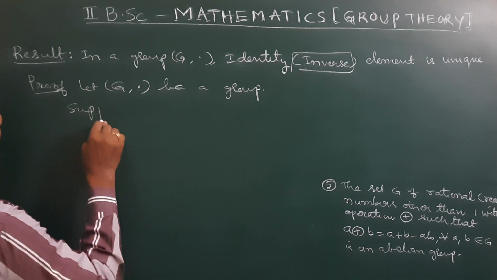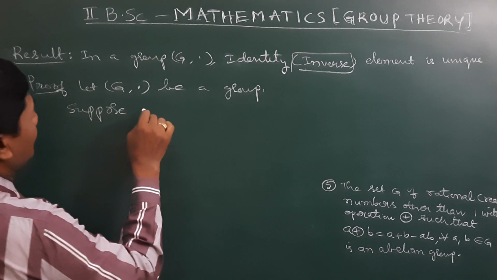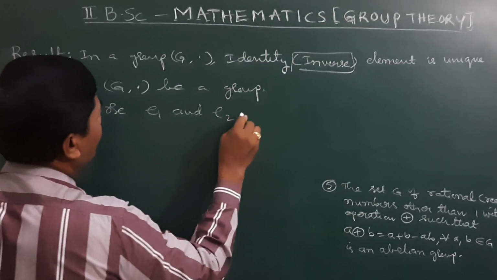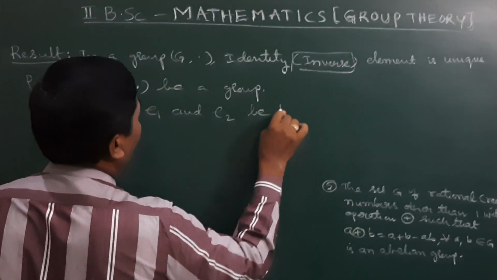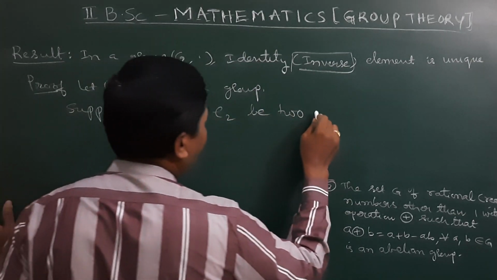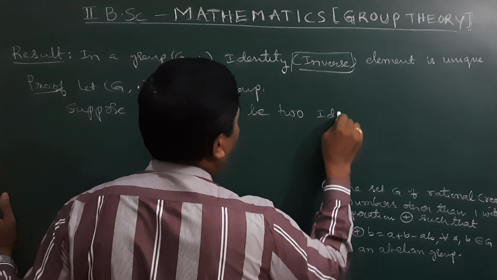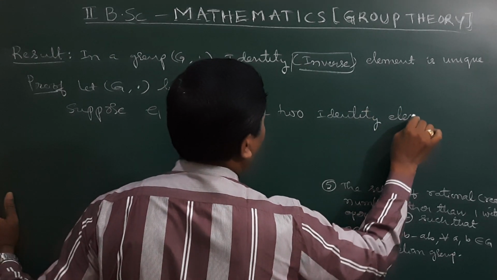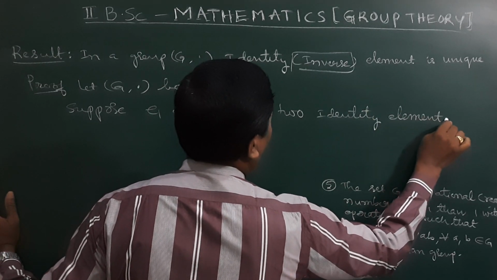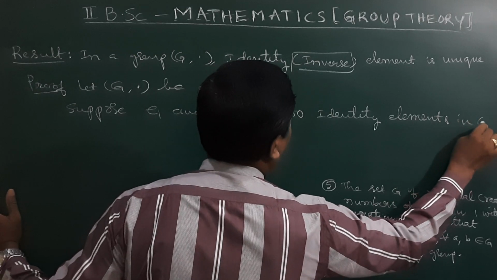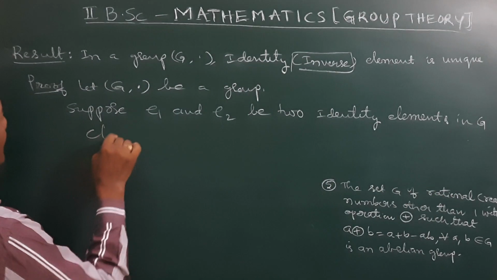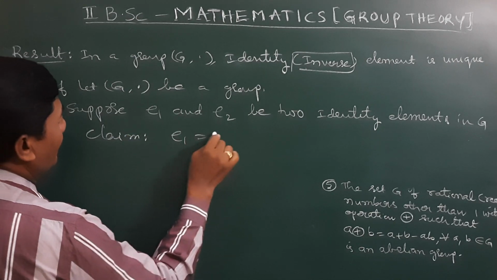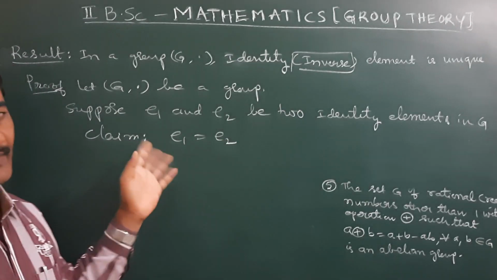Suppose E1 and E2 are two identity elements in G. Our claim is that we can prove E1 is equal to E2.